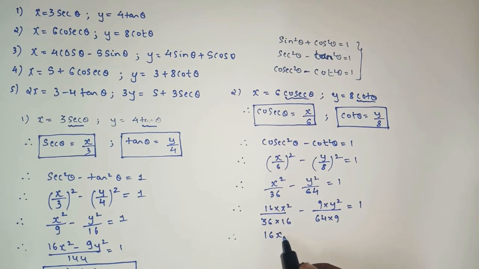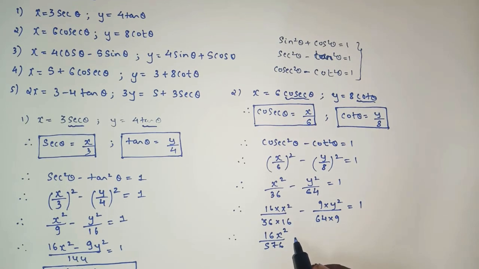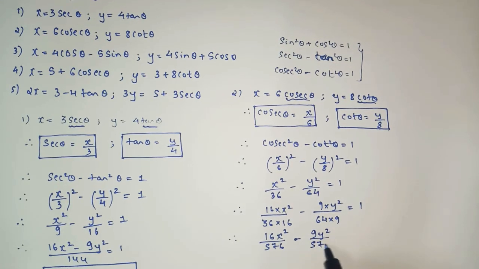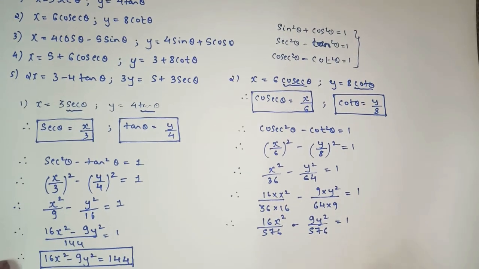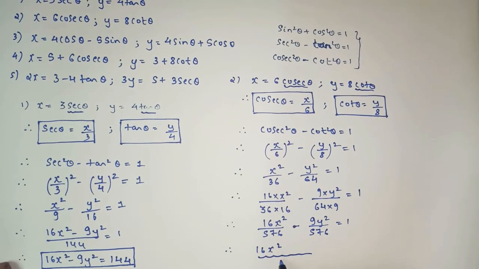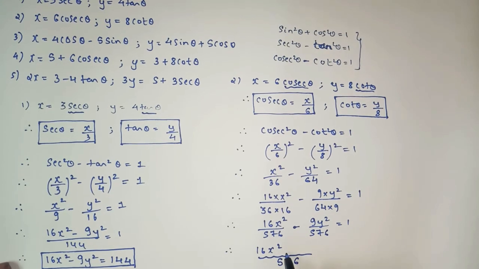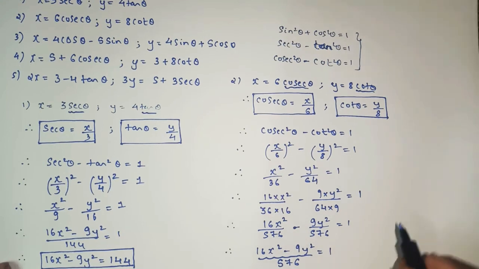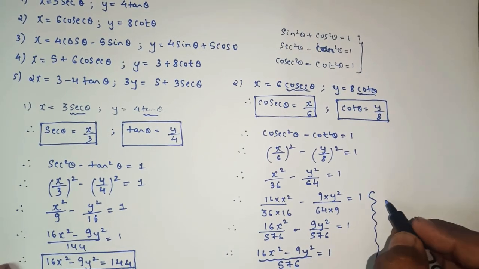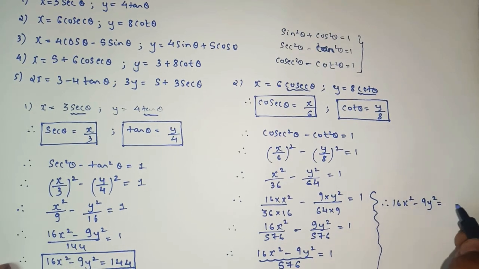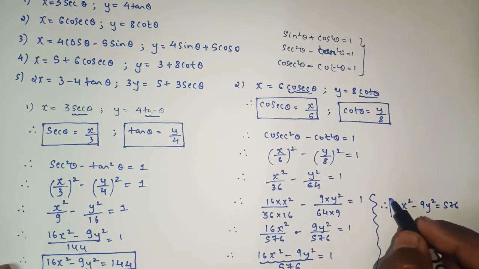In the next step, this can be written as 16x square upon 576 minus 9y square upon 576 equals 1. Clearly the denominator is the same, so we can write it one time, and in the numerator you will get 16x square minus 9y square equals 1. In the final step, we can write it as 16x square minus 9y square equals 576. So this is the required answer.